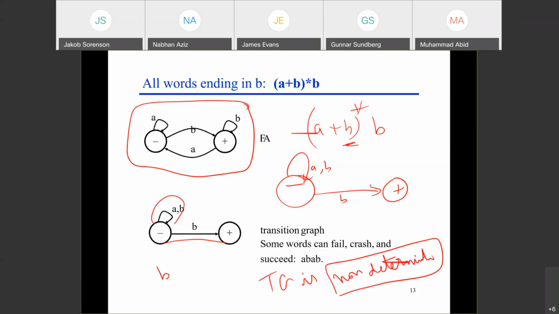TG is non-deterministic in nature. This is not the case with FA. FA does not require human wisdom to make a decision. FA is an autonomous machine, and this is deterministic. TG is non-deterministic. So we don't like non-determinism. But the thing is, if a machine is non-deterministic, the machine becomes very powerful with less computational cost, fewer resources.